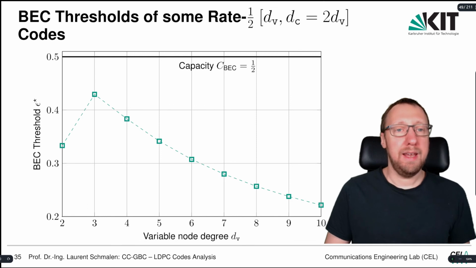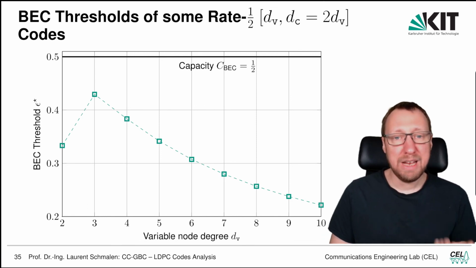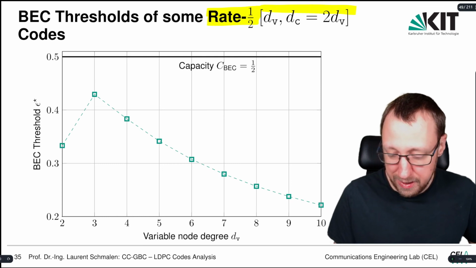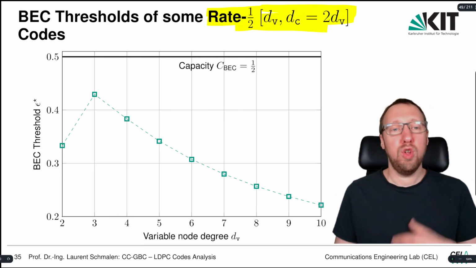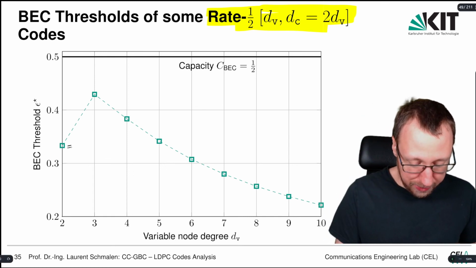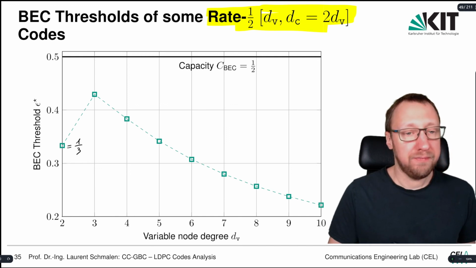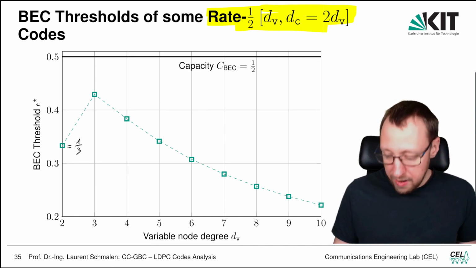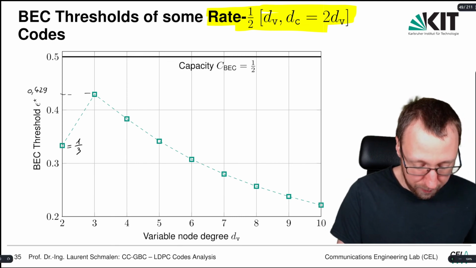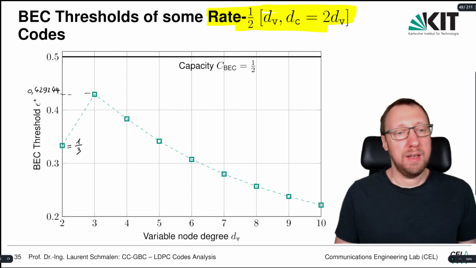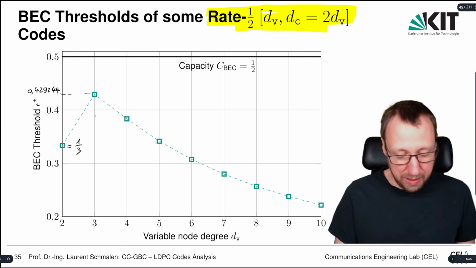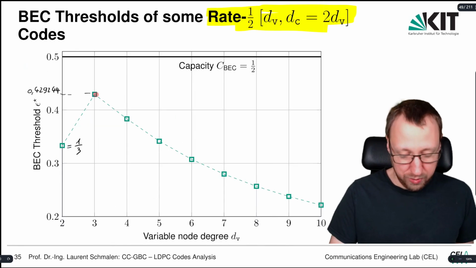So here are the thresholds of some regular codes of rate 1/2. So dv is equal to v and dc is equal to 2 times dv. For dv equals 2, we saw that the threshold is equal to 1/3, or 0.33. Here we have 0.4292 for dv equals 3. And then if we increase dv, as we already saw in the example, the threshold will actually decrease.